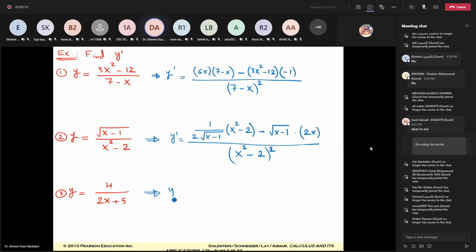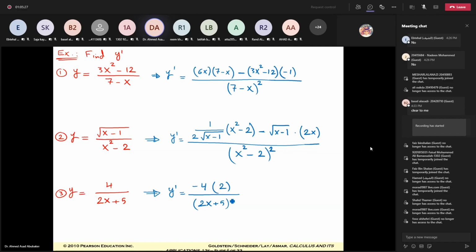The derivative of the third, we can do directly: minus 4 times the derivative of the denominator 2, over 2x plus 5 squared. This means minus 8 over 2x plus 5 squared.